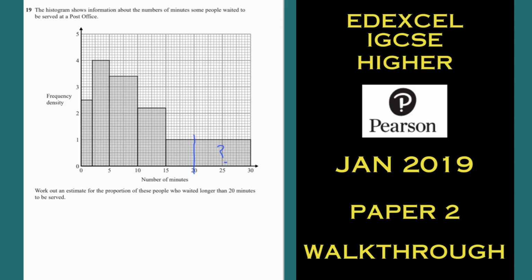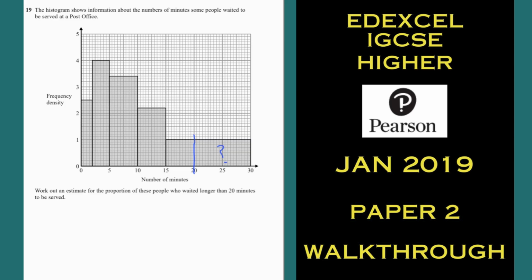Now it tells you no frequencies. Frequencies on histograms is given by area. So your job, grab your calc if you need to, you need to find the areas of all these bars. And area is width times height.